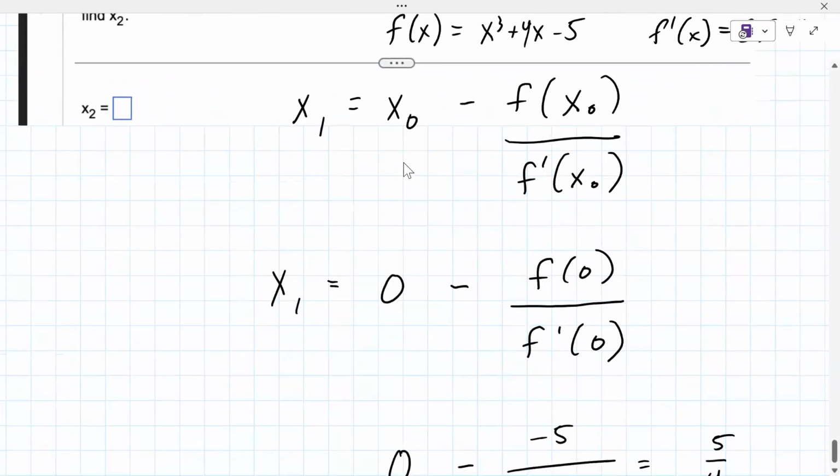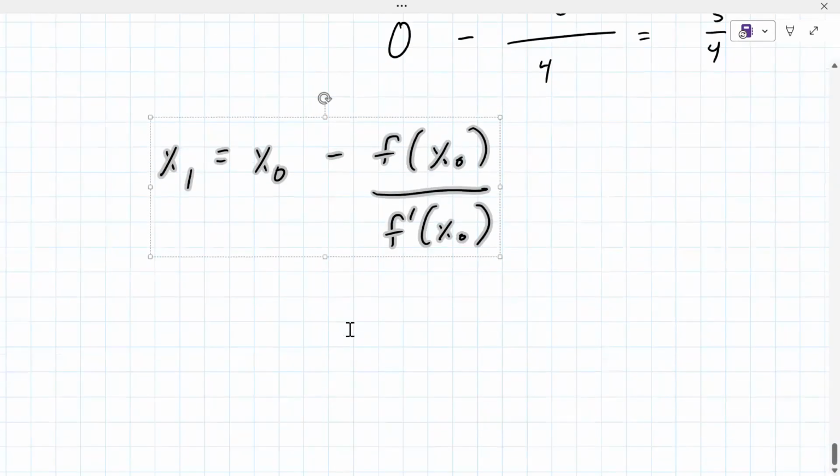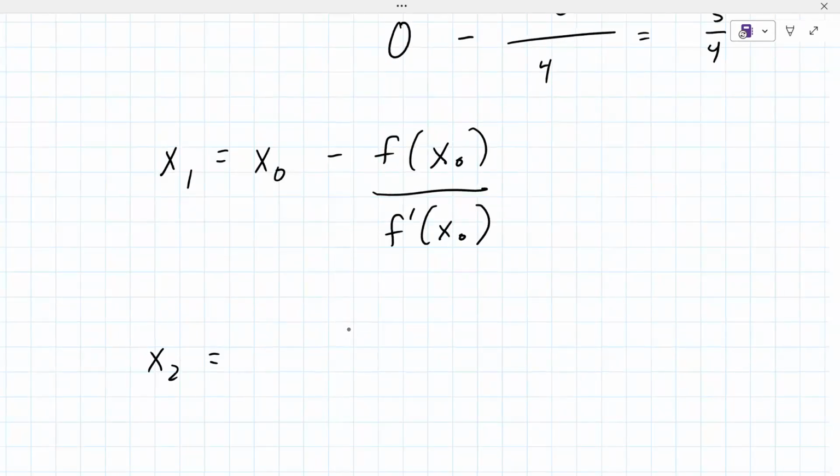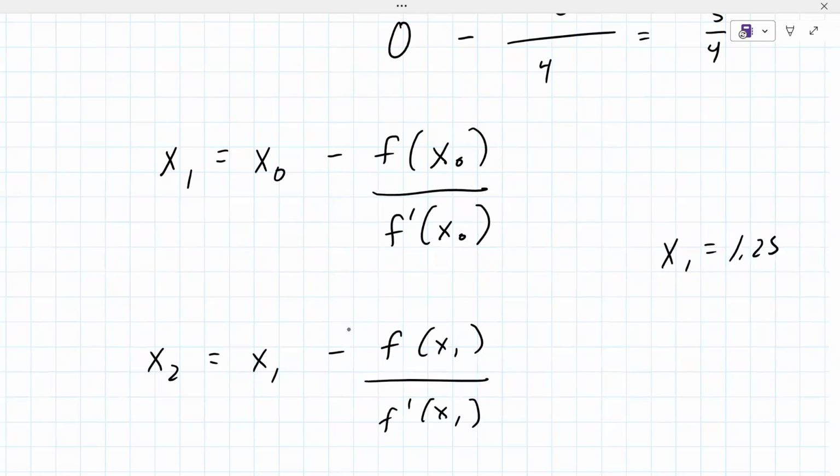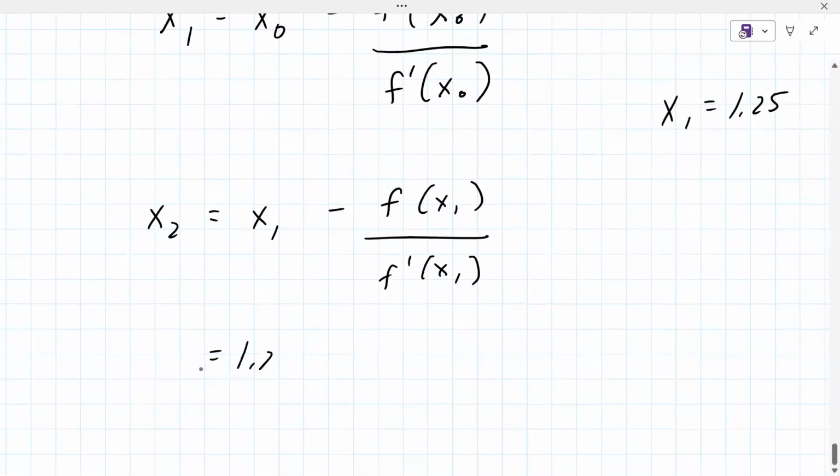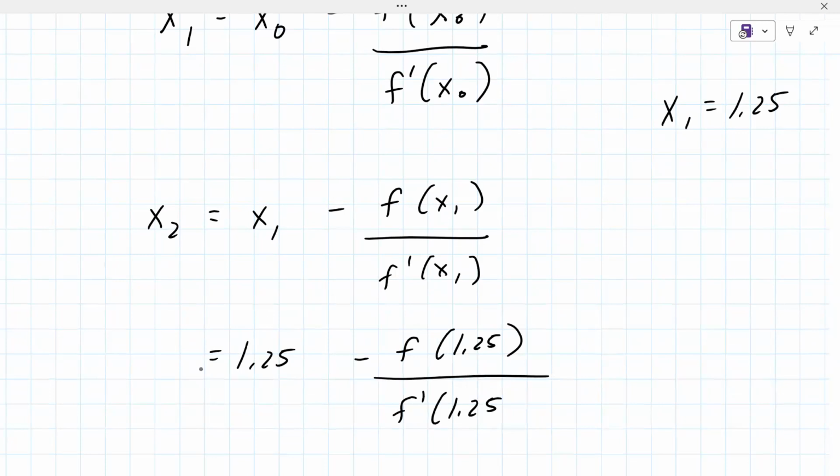We want x2. So if you follow the pattern here, this you will have to remember. x2 is equal to x1 minus f of x1 over f prime of x1. So x1 is that 1.25, and that goes into the equation here.